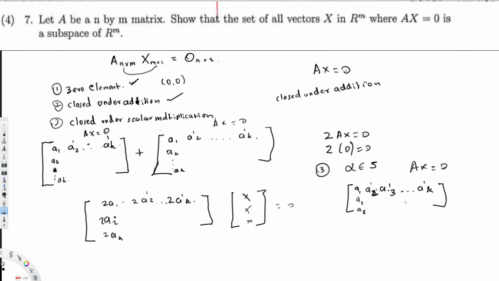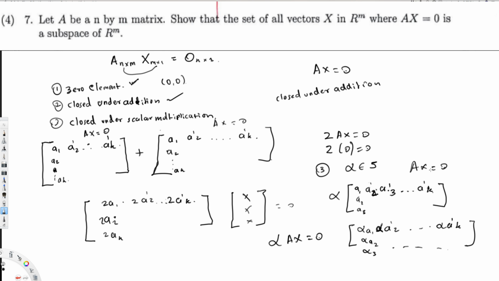If I multiply this one by alpha, I get alpha a1, alpha a prime 2, alpha a prime k, and so on, and this means alpha Ax should be equal to 0.